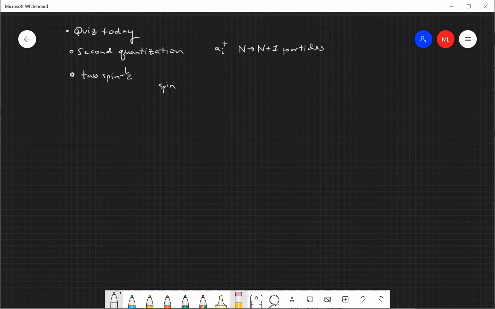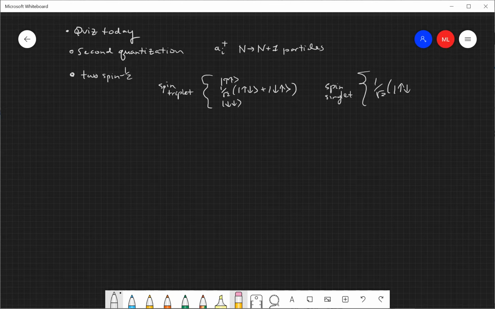Remember, the triplet was the set of states like this, with the symmetric combination, and the spin singlet was the anti-symmetric combination, up, down.